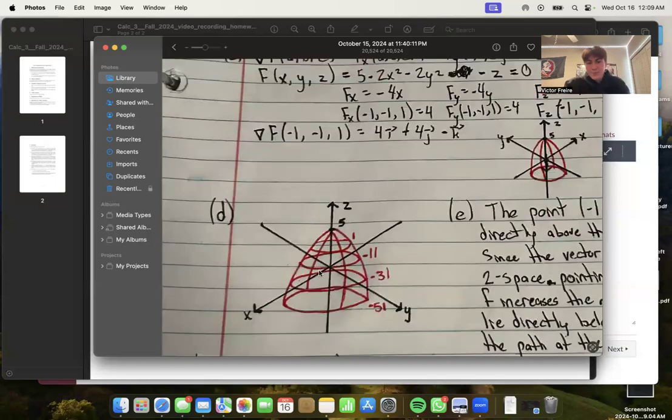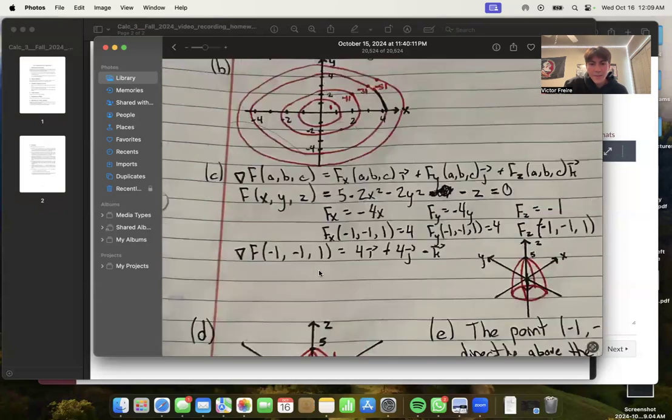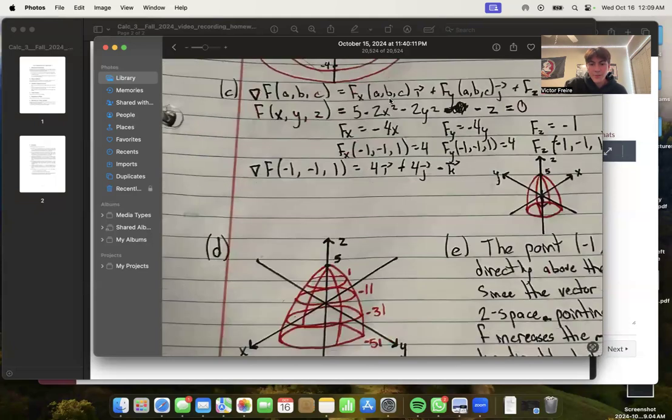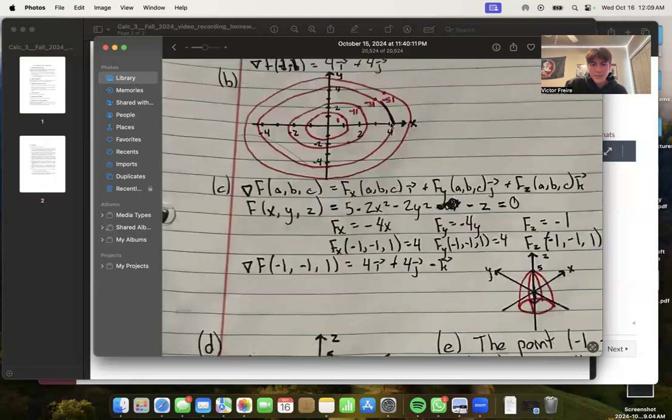It's not perfectly drawn to scale, but you can kind of see. And as we move farther away, we get more and more negative, which is what we have here: -11, then -31, and finally -51, which was the last one I drew over here.